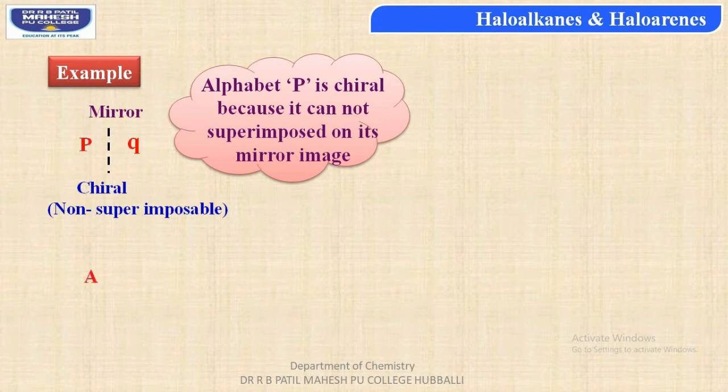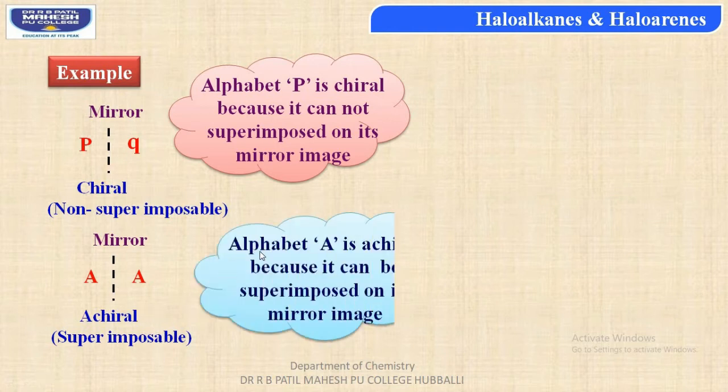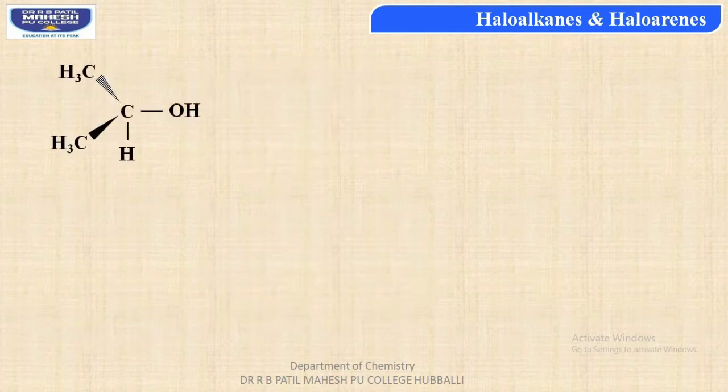Next example, the alphabet A. The mirror image of it is also the same, so it is achiral and the mirror image is superimposable. Thus, students, we can conclude that alphabet A is achiral because it can be superimposed on its mirror image.